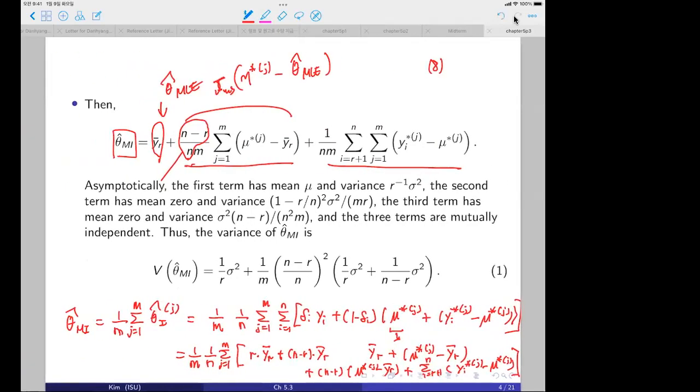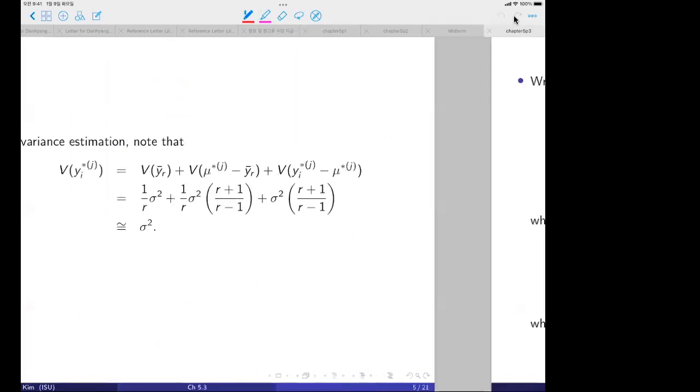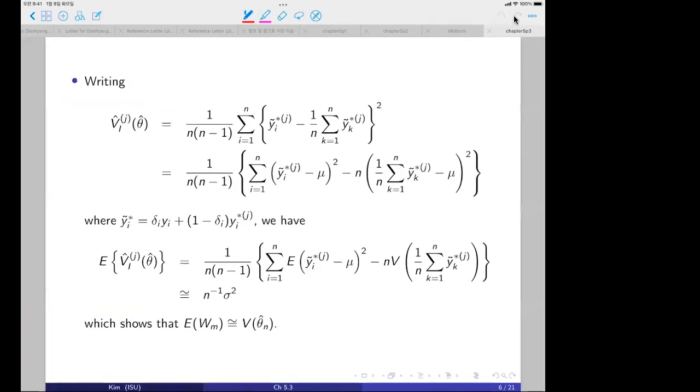Now this is about the point estimator, the variance of the point estimator. And then to discuss variance estimation, we need to first check whether this assumption is satisfied.